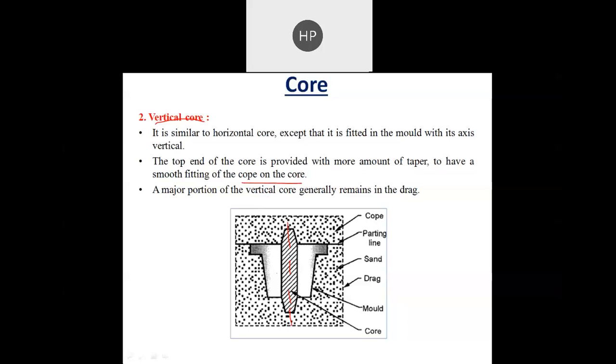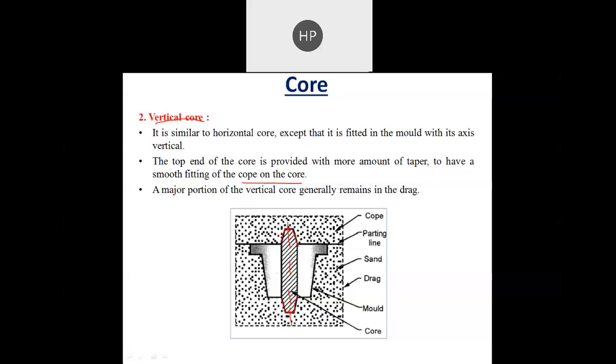This top surface gets more taper compared to the lower one, because we have to fix the cope, and to ease fitting of the cope, a larger taper is given to the top surface.